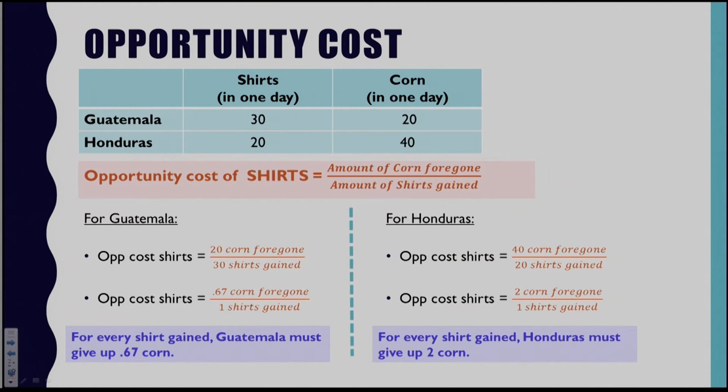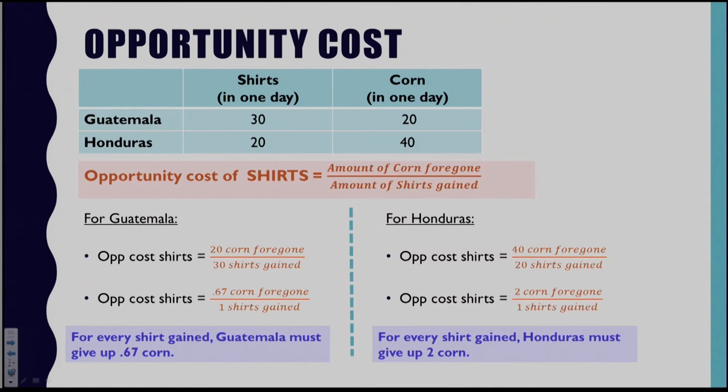So, for Guatemala on the left, for every shirt gained, Guatemala must give up 0.67 corn. For Honduras on the right, for every shirt gained in Honduras, Honduras must give up 2 corn. Well, hopefully you can see that one country is going to give up a whole lot more than the other to produce some shirts.